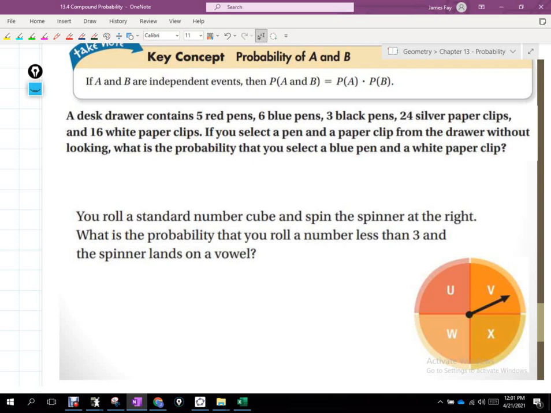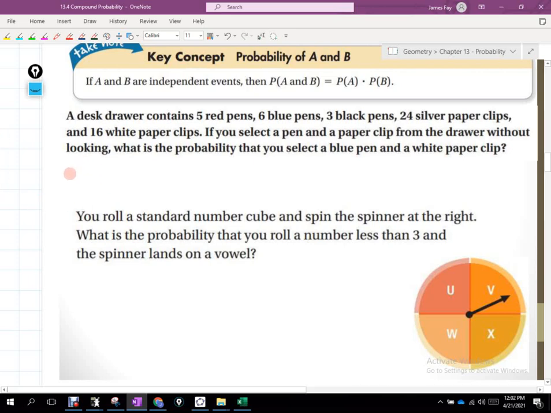No. Does the fact that I pick a white paper clip have any impact on how many pens are left over? No. So the selection of a pen does not impact the selection of paper clips and vice versa. So these are independent events.